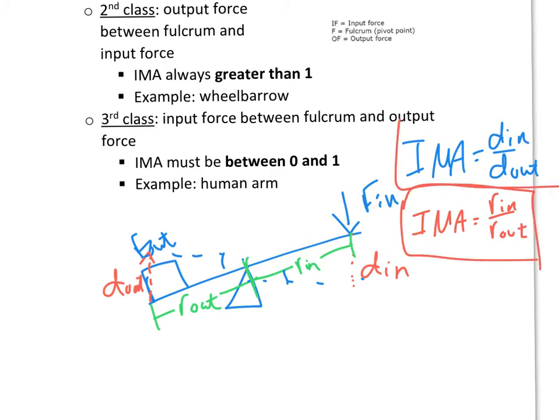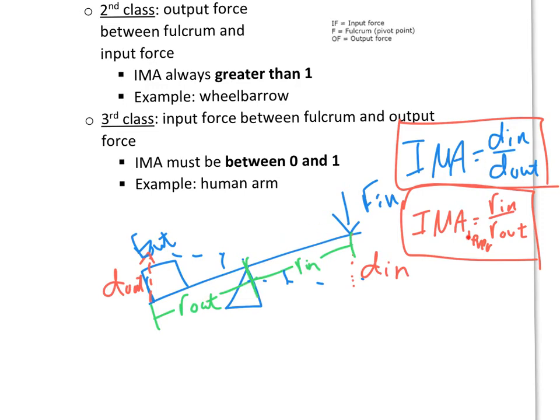So yes, IMA is D in over D out, but for a lever, and let me make this distinction, it would be R in over R out, where R in is the input radius, the distance between the input force and the fulcrum, and R out is the output radius, the distance between the object and the fulcrum. You could be given either, but a lot of times you'll be given these radii.